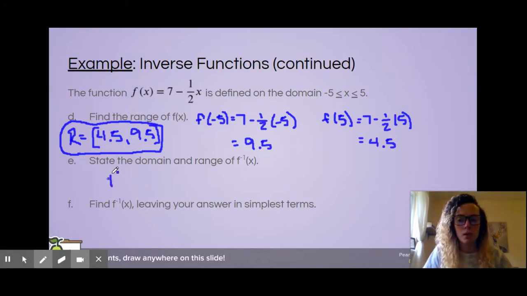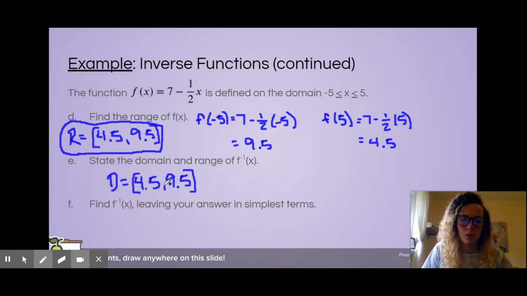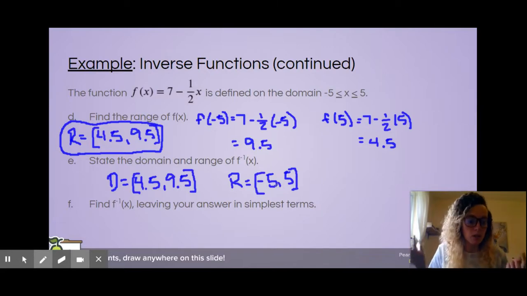My domain for my inverse is going to be what my range was for the original function: 4.5 to 9.5. And my range of my inverse is going to be what the domain was for my original function. I'm going to switch it into interval notation, again just personal preference, but you could just copy it straight down. So you're just switching the x's and the y's, switching the domain and the range.